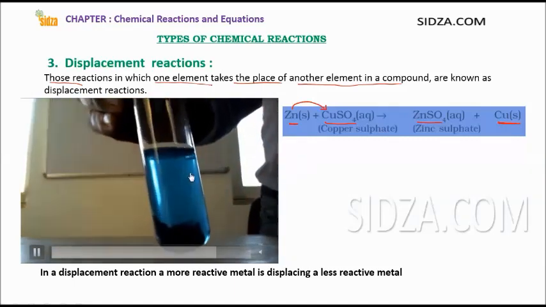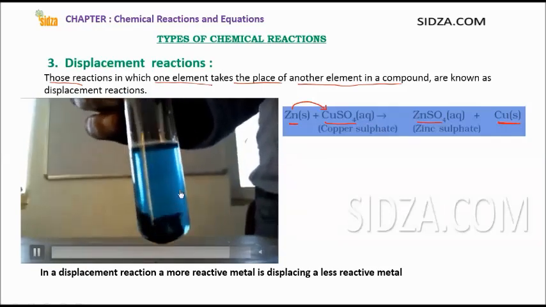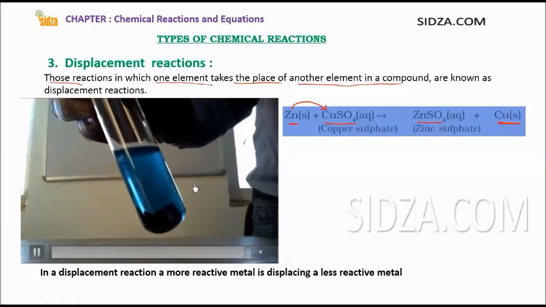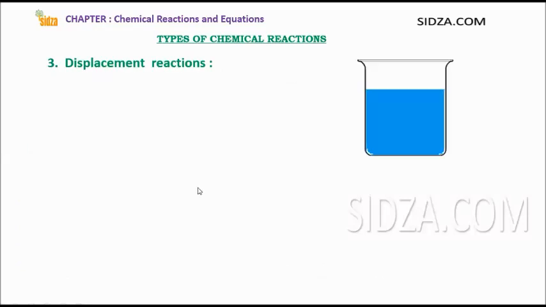So why? Because zinc metal, the metallic zinc, takes the position of the copper, so it displaces the copper from the solution. So let's have a look what actually happens here. For example, if I take here the zinc, if I take here the copper sulfate solution, and in this copper sulfate solution let's add the metallic zinc.